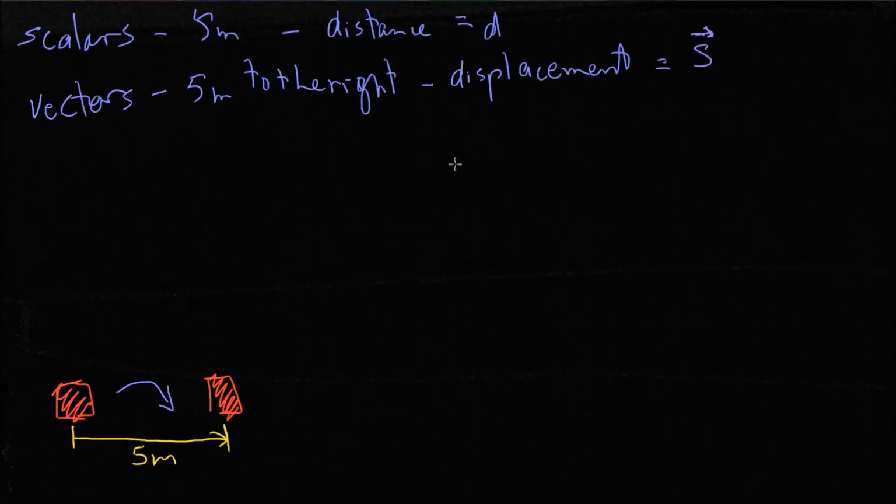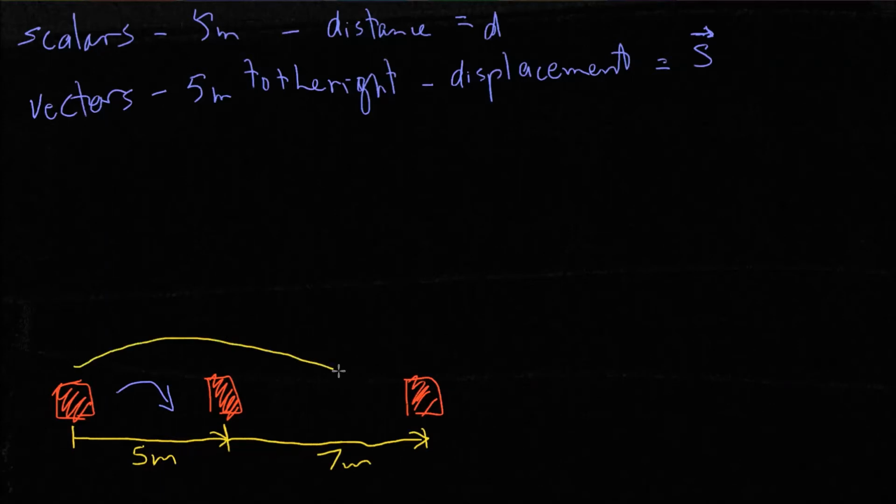Now imagine that we picked up our brick again and we moved it over here, and that is 7 meters from the previous location. So now we've moved it a total of 12 meters to the right.